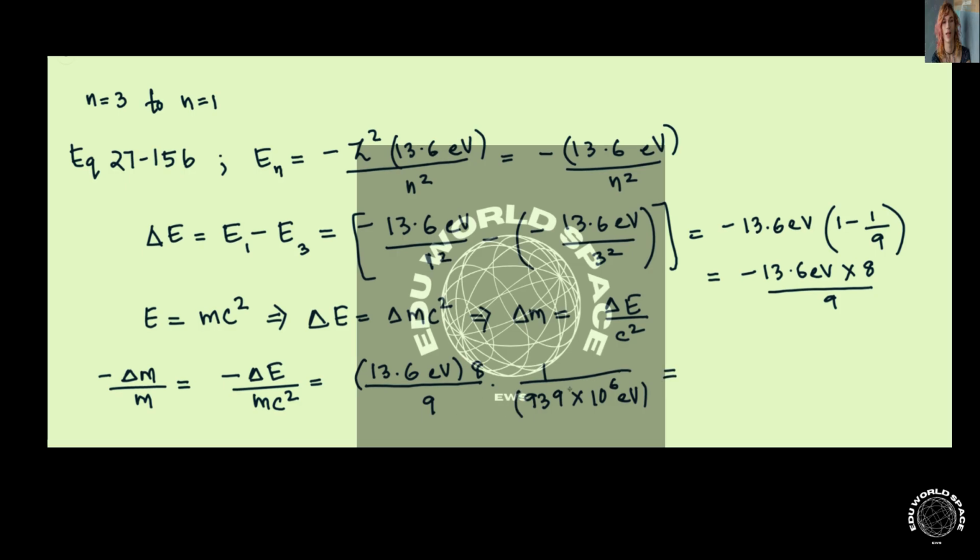Now we can solve this for negative of delta m over m, and we get this fractional change to be equal to 1.29 times 10 to the power minus 8.